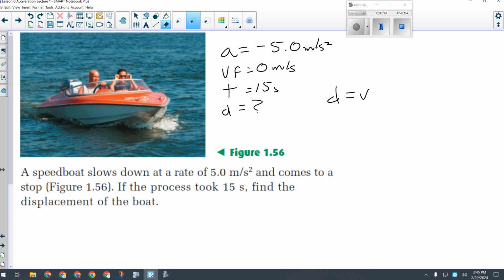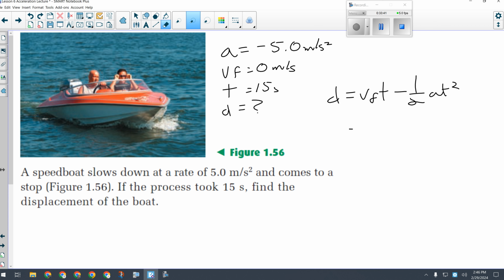So VF times T minus 1/2 AT squared is the formula I've got to use here. Now, the givens in this question make this a little bit easier for me, in as much as VF is 0 in this question. So what's VF times T? 0. Okay, if VF is 0, anything times 0 is 0.